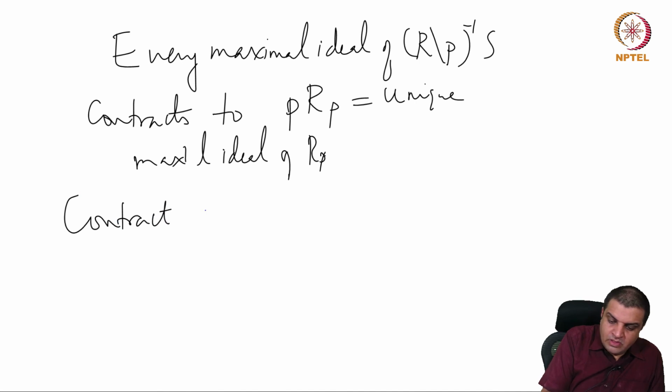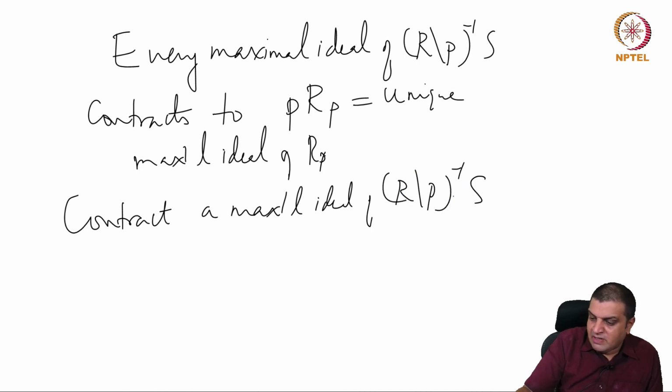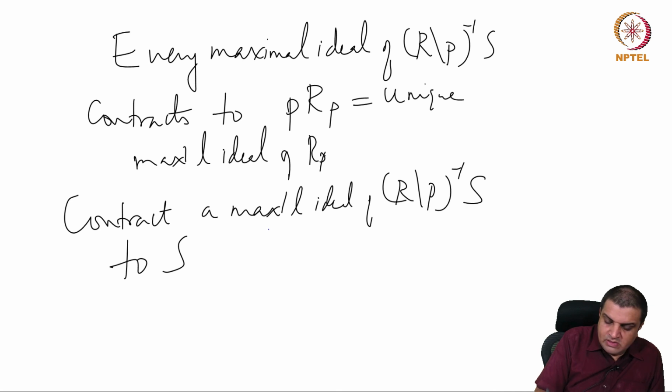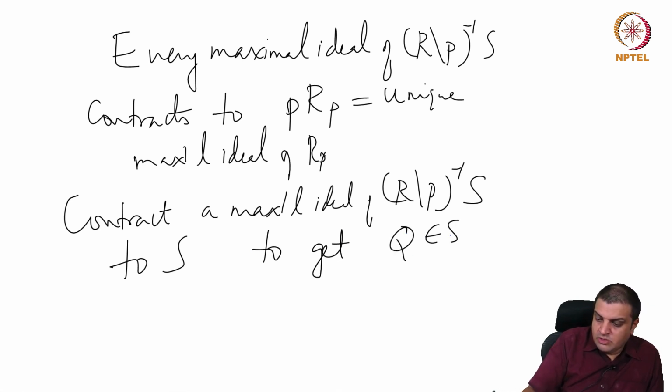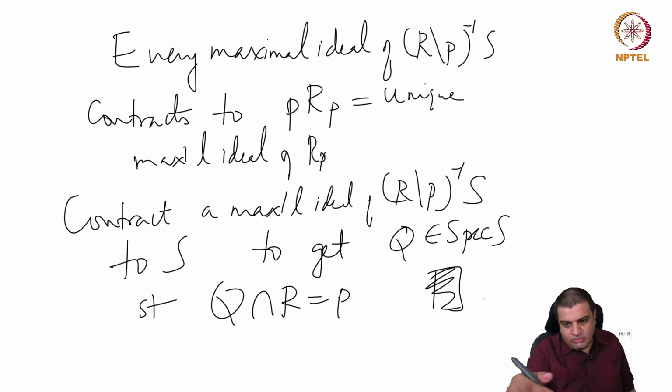So contract a maximal ideal of R minus P inverted in S to get Q in Spec S such that Q contracted to R is P. As we mentioned earlier, the last part says that the map is surjective.